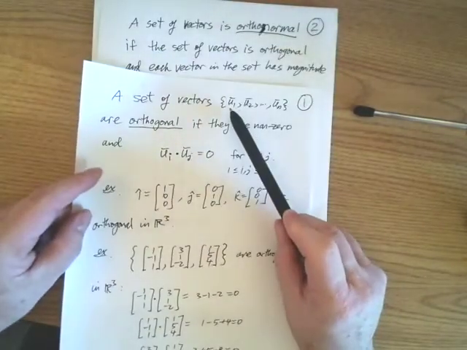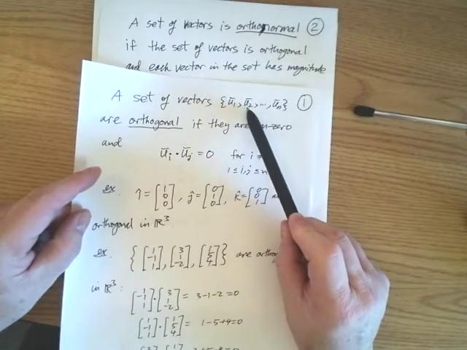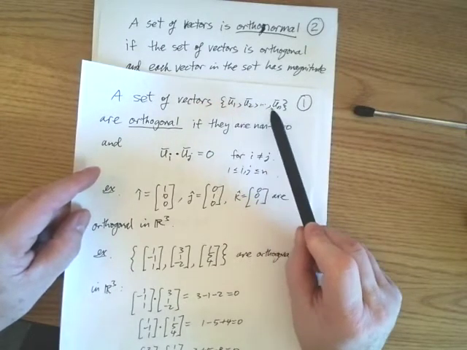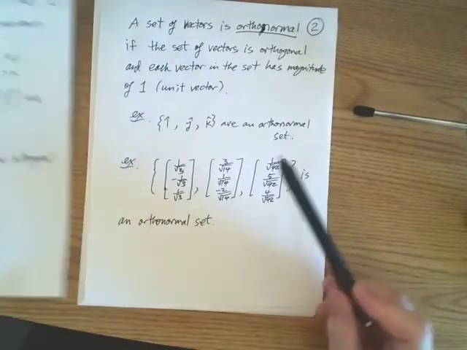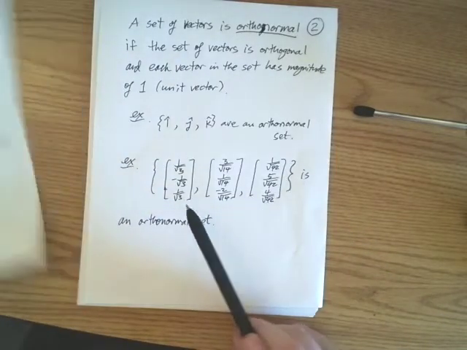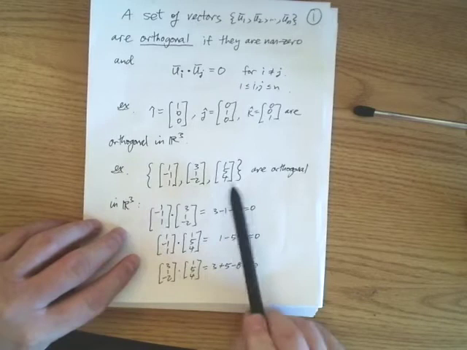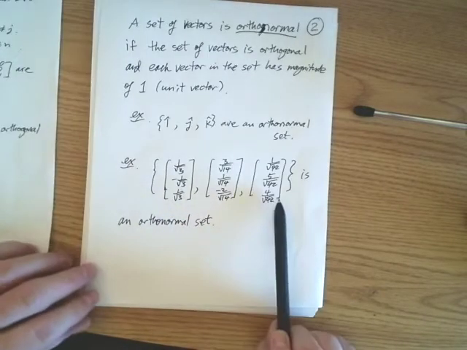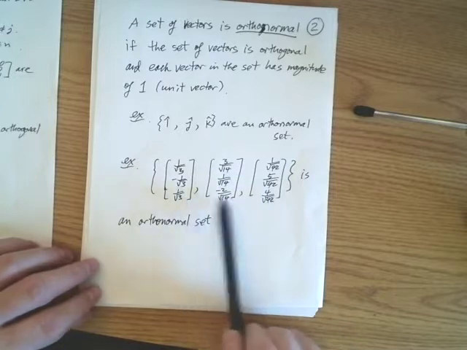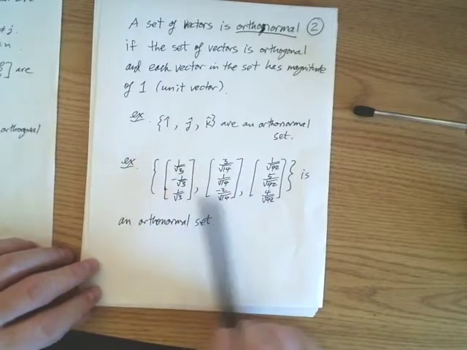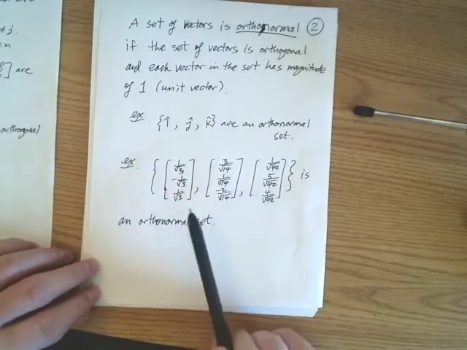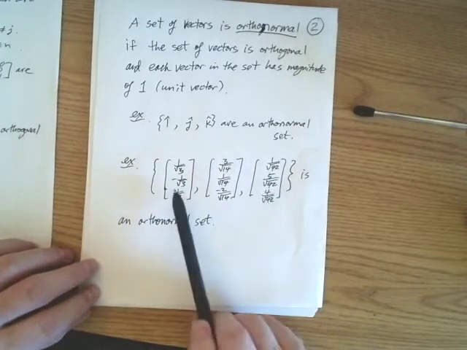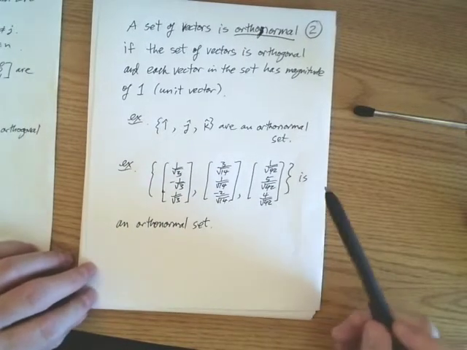So I could multiply or divide by arbitrary non-zero constants, and I still have an orthogonal set. Since this was orthogonal, and I'm just dividing each one by its own magnitude, these are still orthogonal. You could try that. Their dot products are still going to be 0 if I take them two at a time, but they're all now unit vectors because I divided each of those vectors by their own magnitude.